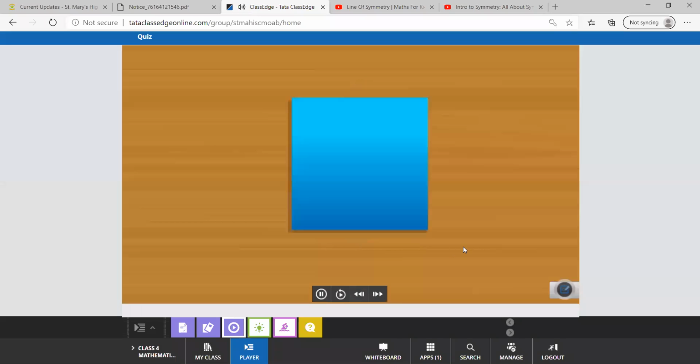Now, let's look at the second shape, a square. Click the Fold button to see the shape fold against the dotted line. So now in a square, if this is a line of symmetry, if we fold, what happens? Let us look. Since the square gets divided into two identical parts when folded along this line, it is a symmetrical figure.